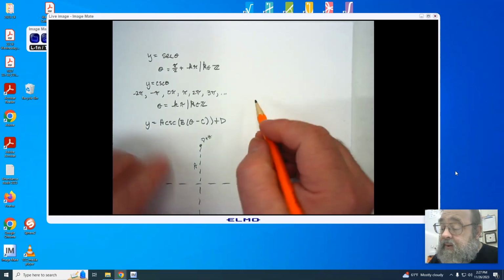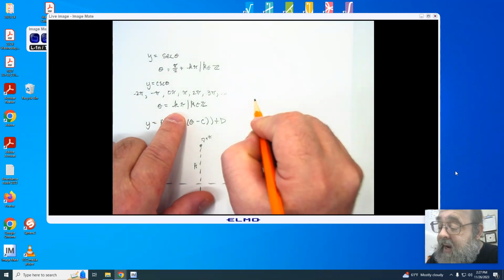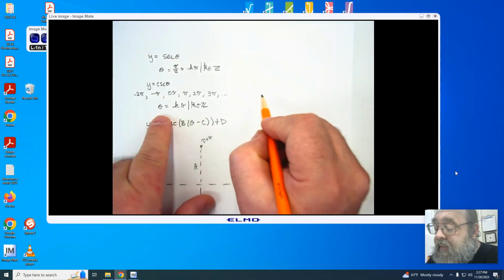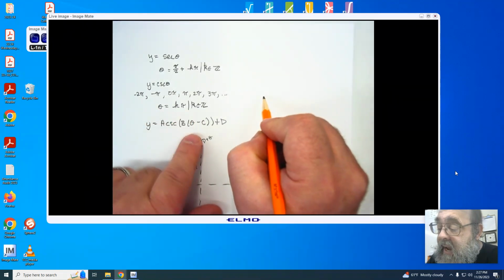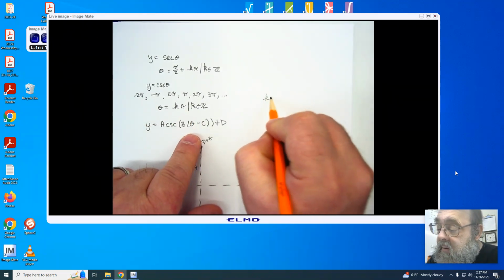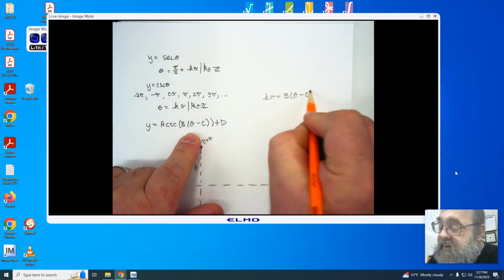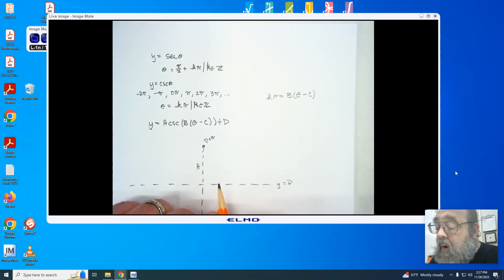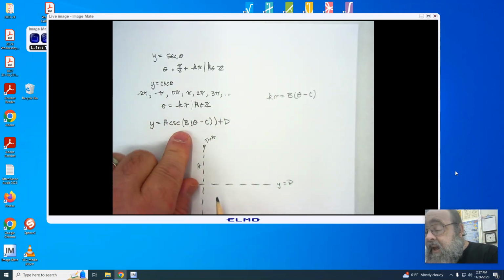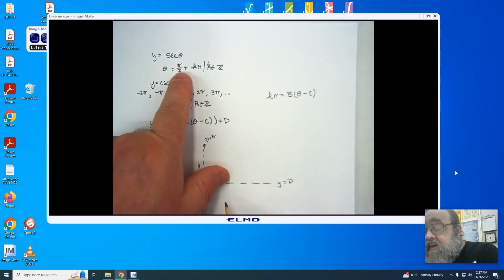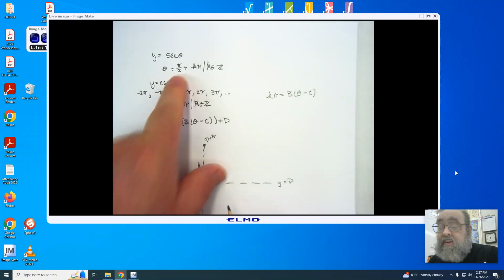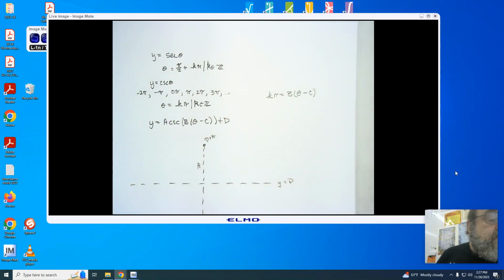The difference is we're going to set pi k equal to b theta minus c, whereas before we set b theta minus c equal to pi over 2 plus pi k. Okay? So just keep that in mind. That's how we're going to deal with this.